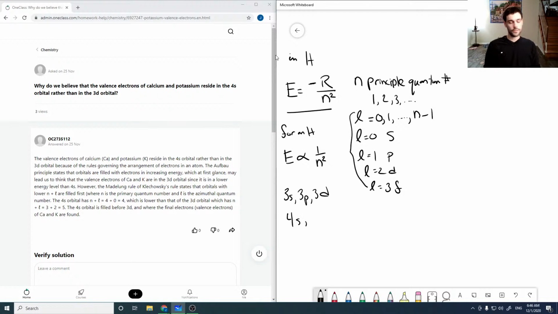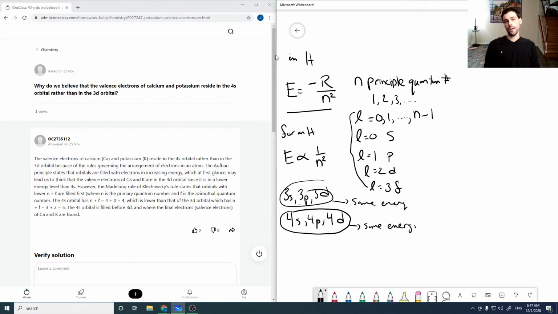A 4s, 4p, 4d, same energy. And so in a hydrogen atom, it doesn't matter what the L is, it only matters what the n is.